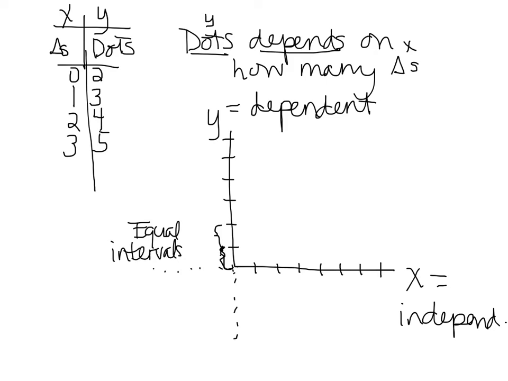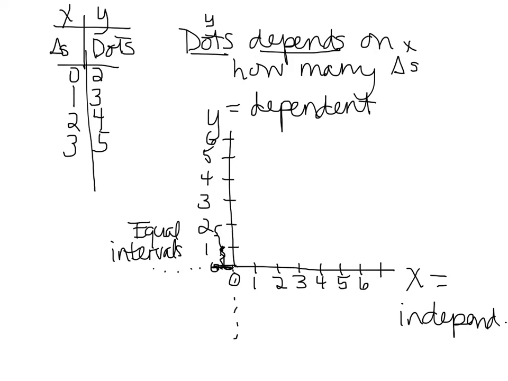So I have 0 triangles, I have 1, 2, 3, and we went all the way up to 5, 6. I think it makes sense because these are going up by 1. We're just going to label these 1, 2. This has to be 0. The bottom has to be 0. Some kids forget that. 1, 2, 3, 4, 5, 6.